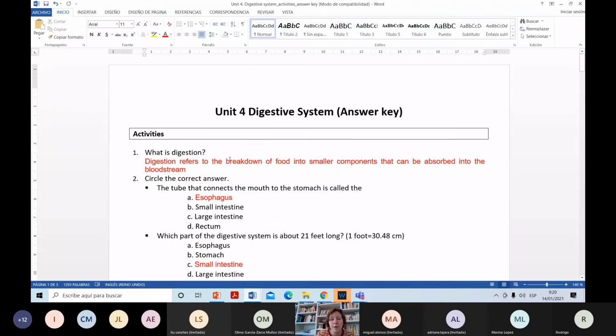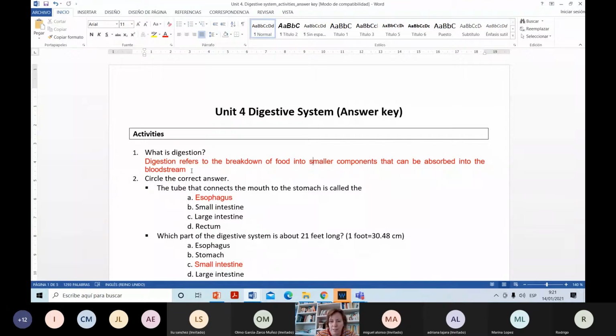Digestion refers to the breakdown of food, the transformation, making it more simple, the breakdown of food into smaller components that are the nutrients, because those smaller components can be absorbed into the bloodstream, can pass to bloodstream. So as you can see, there's many different ways to define it.